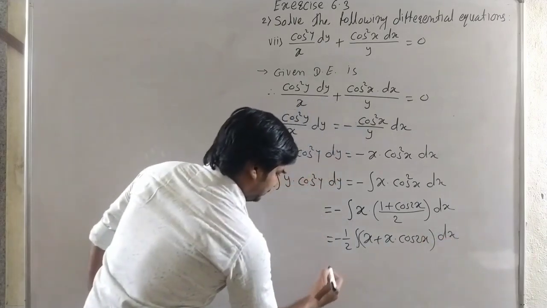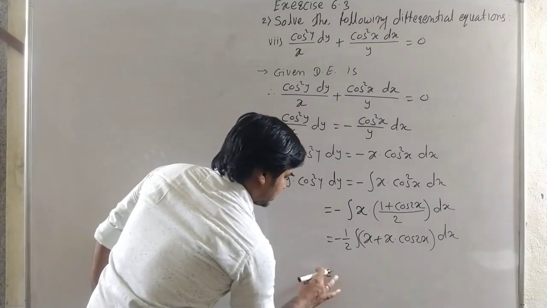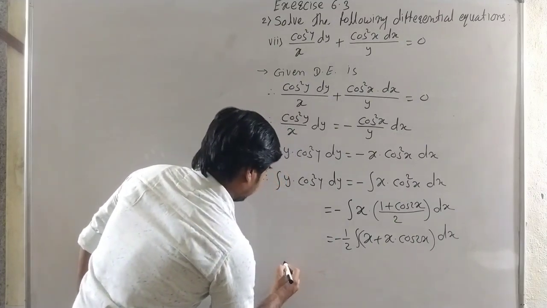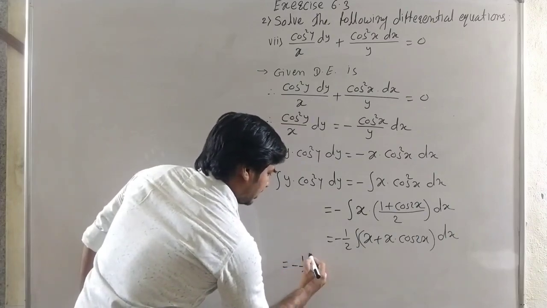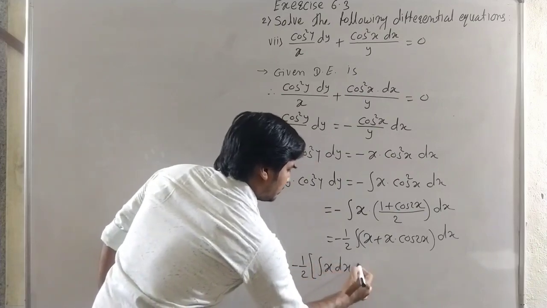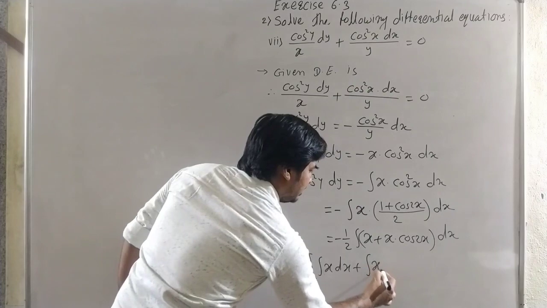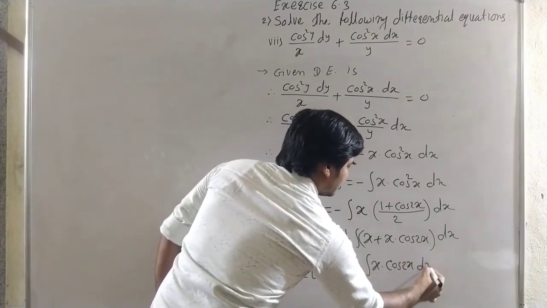Now we keep this minus as it is. You can write here, it is minus 1 by 2 into the integral of x dx plus the integral of x into cos 2x dx.